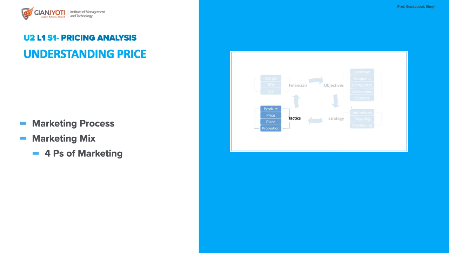And now we are going to talk about the 4 P's of marketing, which comes under the marketing mix under tactics: product, price, place, and promotion. And in this particular lesson, we'll particularly talk about price.